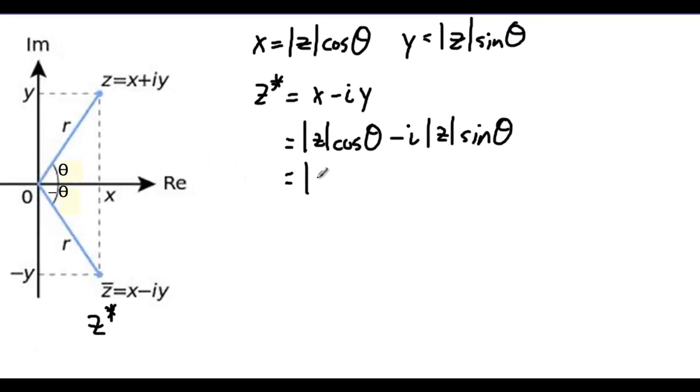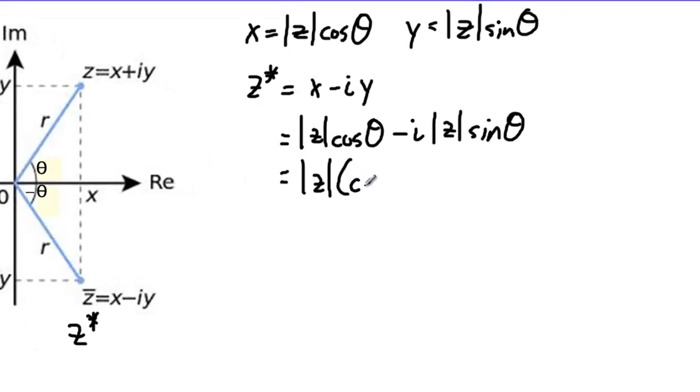So let's factor out the modulus of z. That would give us cosine theta minus i sine theta. Now that is not cis. That is not cis theta at all.